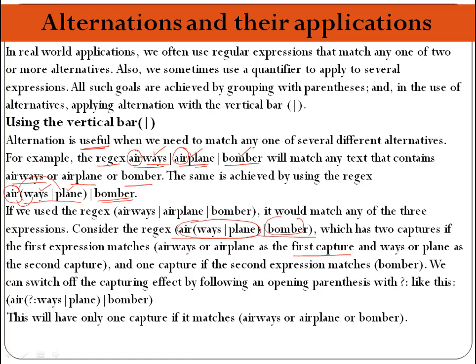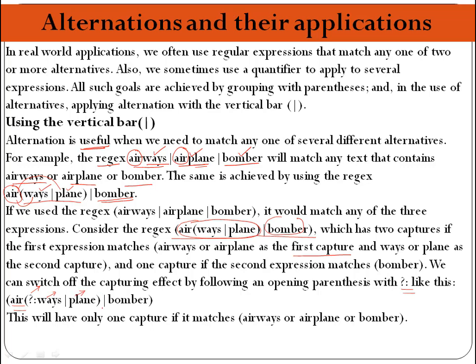So we can switch off the capturing effect by following an open parenthesis with a question mark and colon as well. So we can write like this also, air as common. Then after that we have a question mark and then colon, in which we are giving two options, ways or plane, and then bomber.